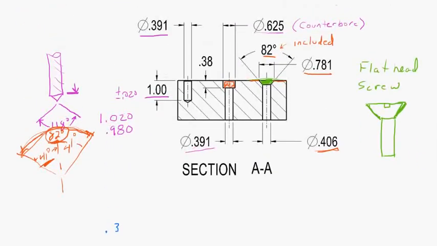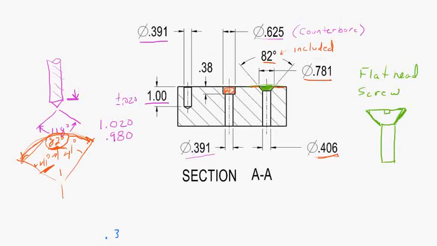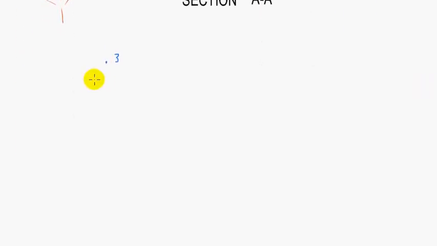Sometimes a counterbore hole will read the same thing, I'll use the same size, 0.391 through. So sometimes it'll read 0.391 through. It's going to be all capital letters.